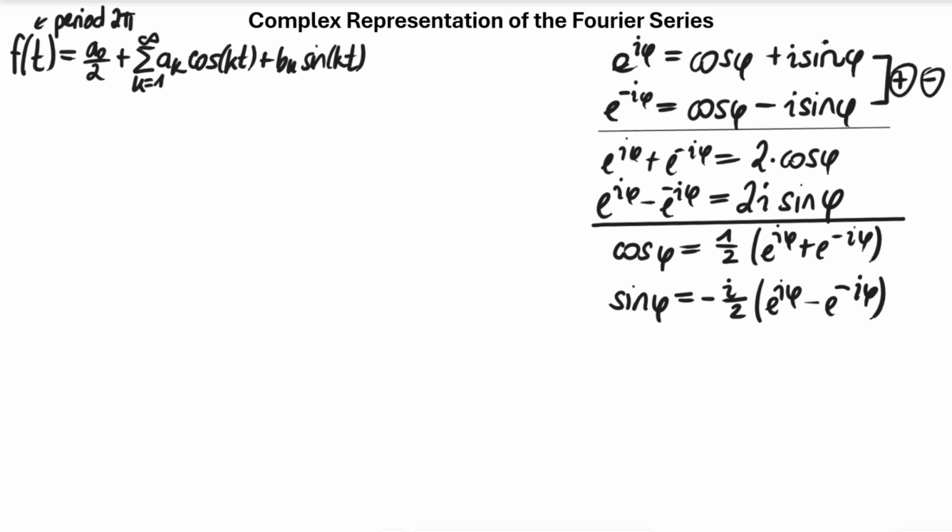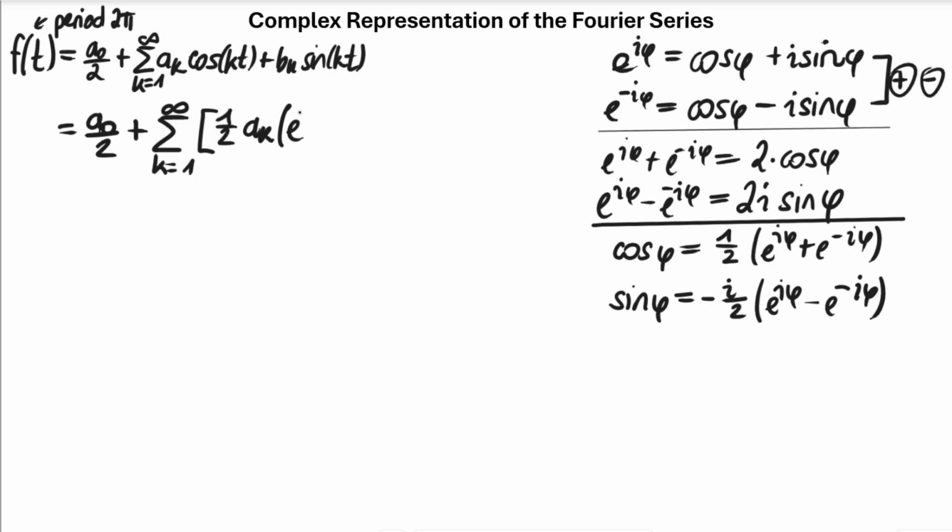Fine. So we use these two formulas now in our Fourier formula, but you have to substitute the angle phi with k times t here twice. So we get the following. The DC component remains the same. The summation from 1 to infinity is also the same. And then we have here 1/2 a_k and the term for the cosine.